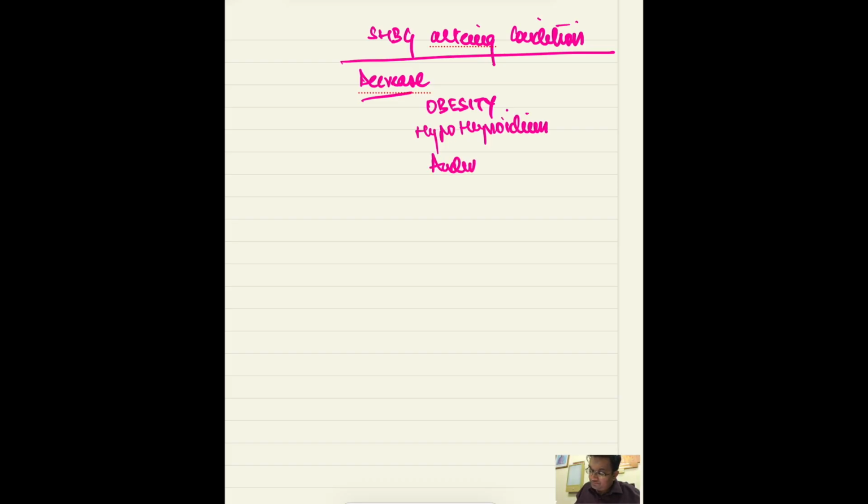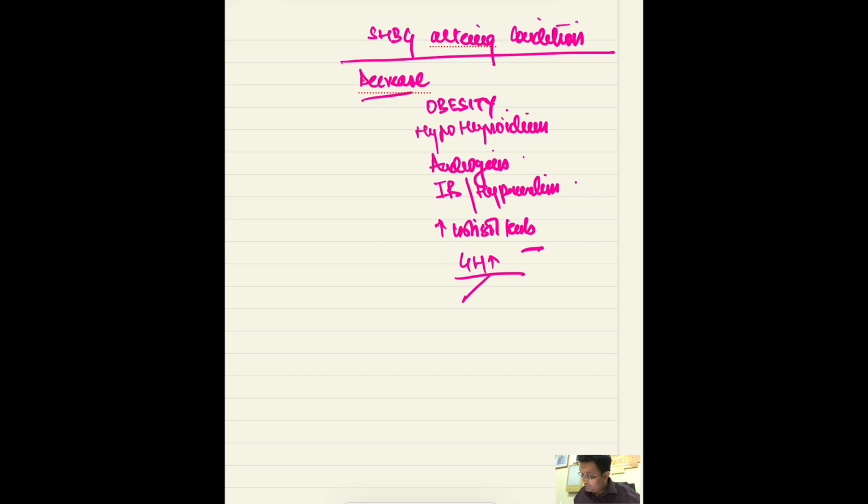Androgens. Hyperinsulinism or insulin resistance. Increased cortisol levels, which may be endogenous or exogenous, and there can be growth hormone increase in cases such as acromegaly.